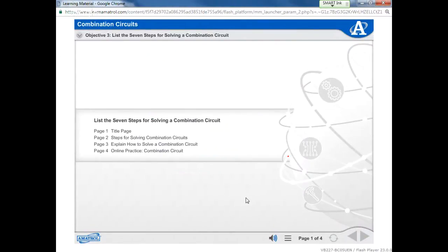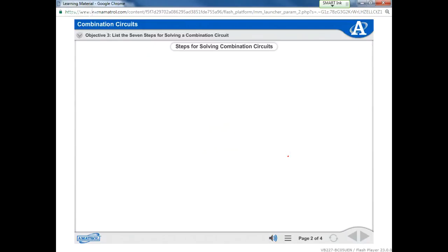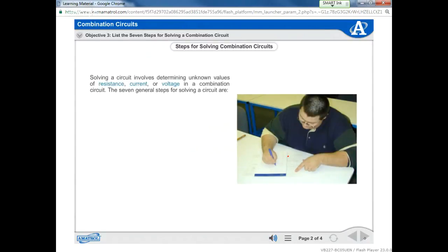List the 7 steps for solving a combination circuit. Solving a circuit involves determining unknown values of resistance, current, or voltage in a combination circuit.